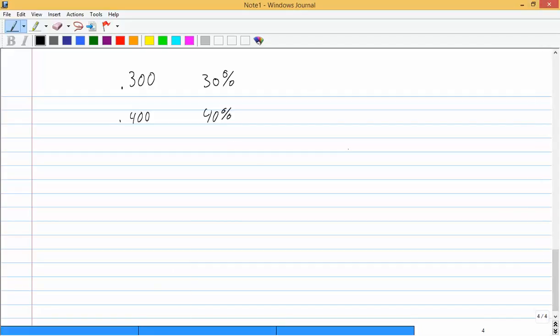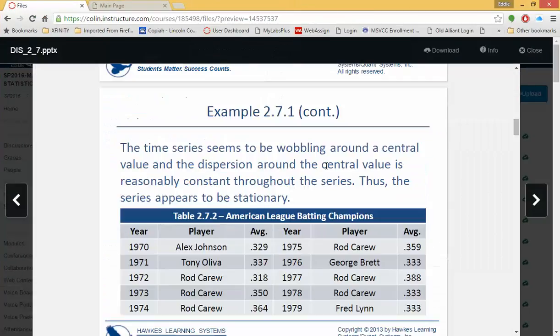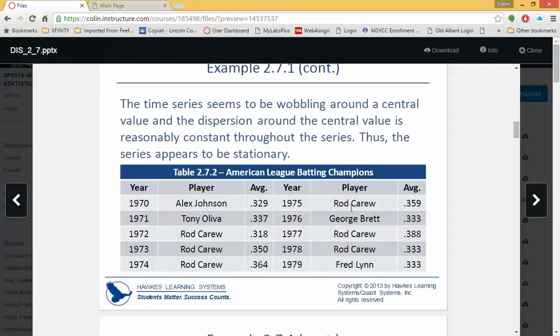So there is a set of data in your book, and I'm going to show it to you. This is off of the PowerPoint. Of batting averages in different years. It says the time series seems to be wobbling around a central value, and the dispersion around the central value is reasonably constant throughout the series.